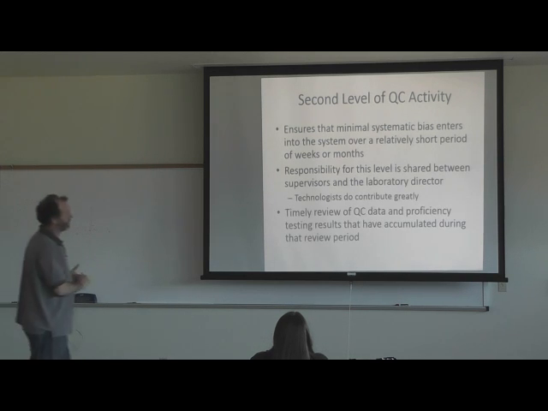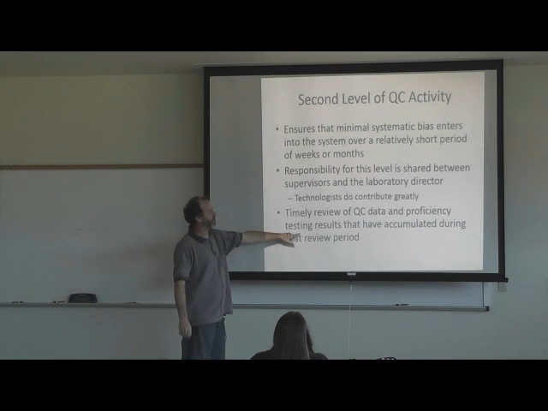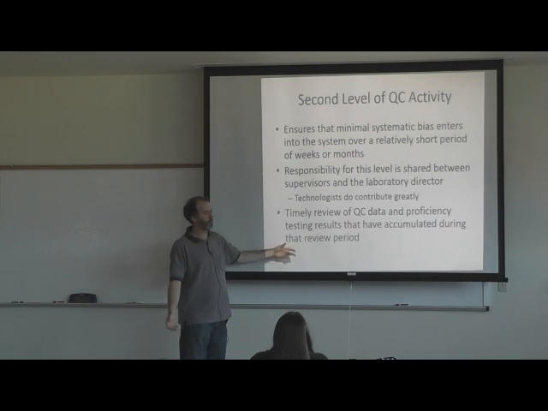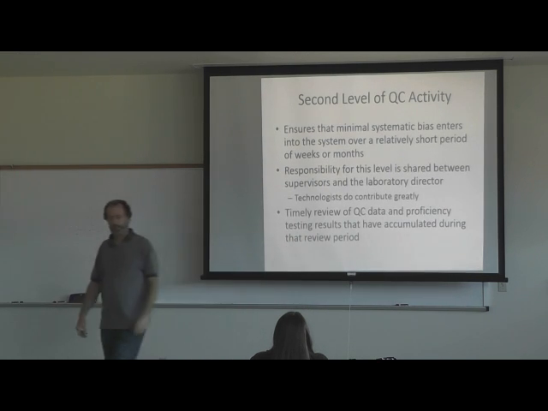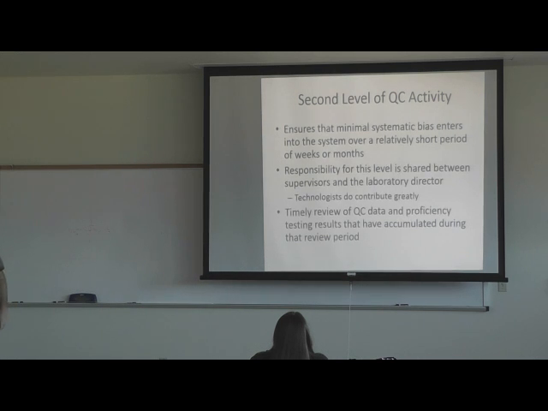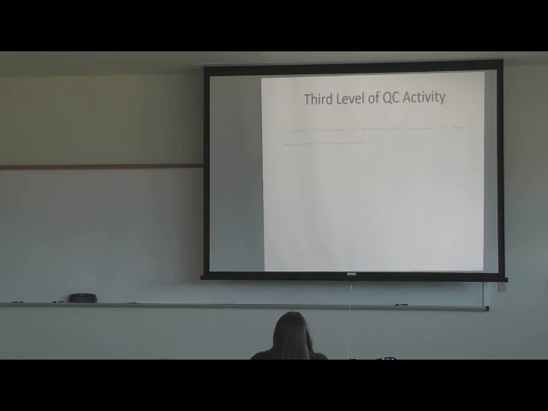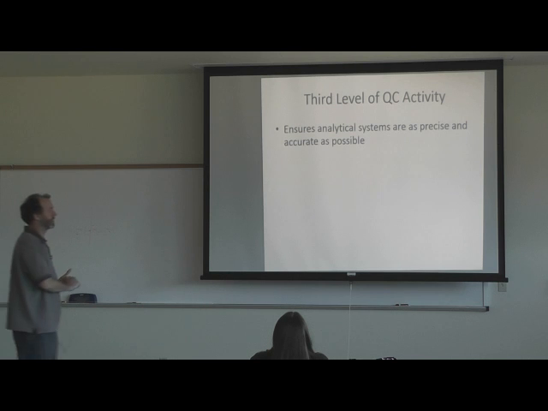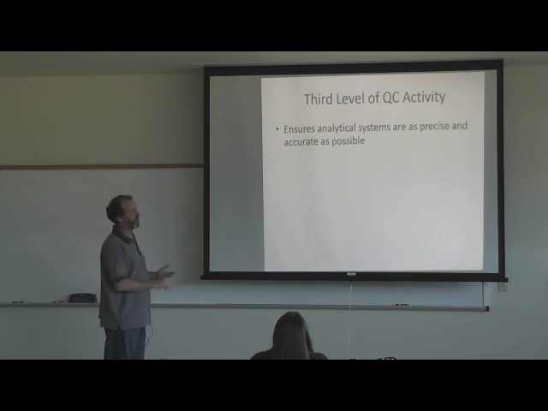Timely review of the QC data and proficiency testing results that have accumulated during that review period. Remember, proficiency testing is like the CAP thing. The third level of QC activities ensures the analytical systems are as precise and accurate as possible.